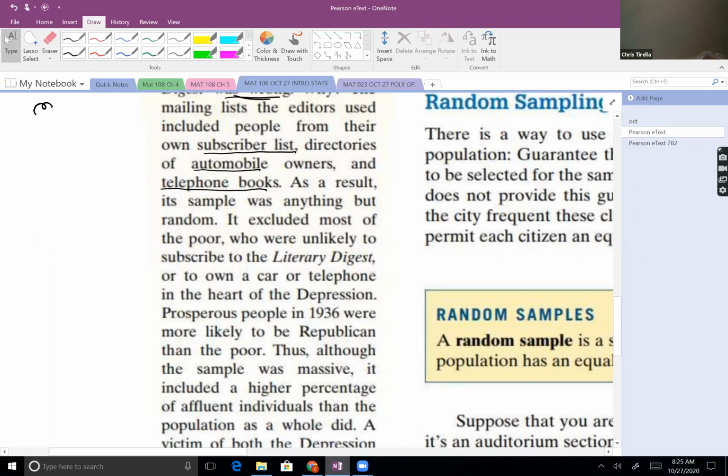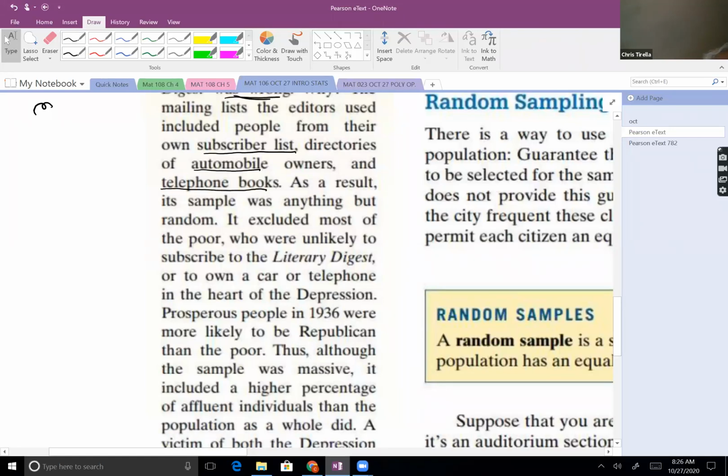The only people with landline phones were like older folks. Most people used a cell phone. Most people under 40 didn't have a landline phone. So they were, again, only focusing on an older population when they came out with those results that the two would be close. So again, I think this is a good example of how important that idea of sampling and picking the right sample is.